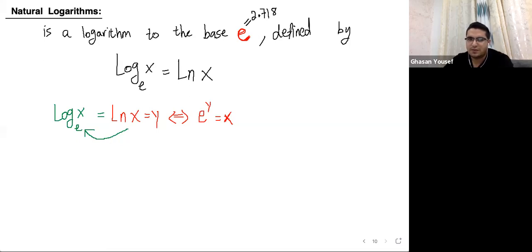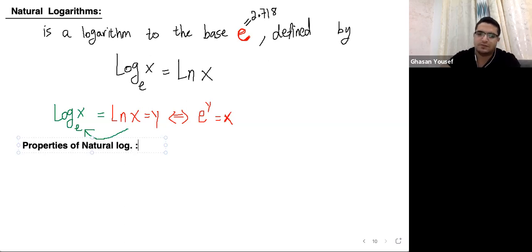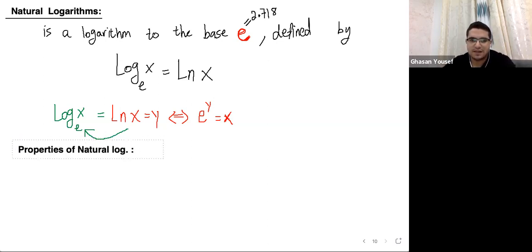We have some properties for this logarithm, the last things, the properties of the natural logarithm. We have some properties for this function, exactly the same as before, and it is not hard.